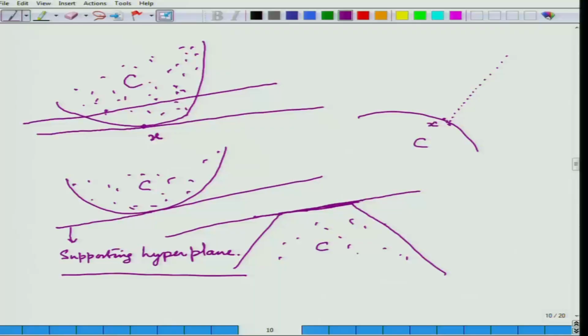So, what you can observe is that if you keep on drawing these sorts of balls around x, there will be a point inside and there will be a point outside. So, those point sequences, if you think of them as something you are hopping one after another, you can hop on these points and come on to x. Each of these points is actually a point outside the set C, in C complement, and from there, for each of them, you can have a strictly separating hyperplane.